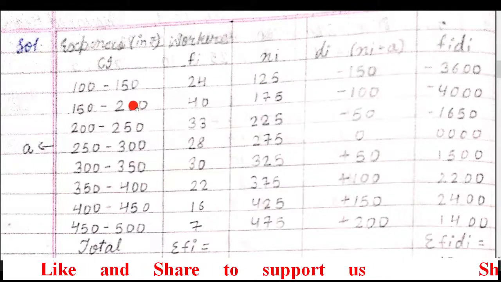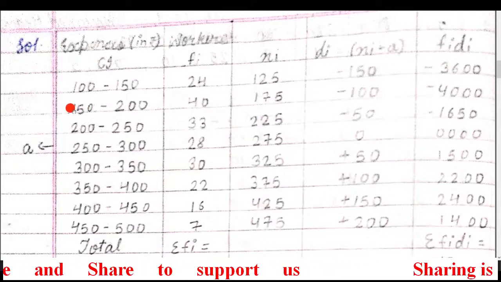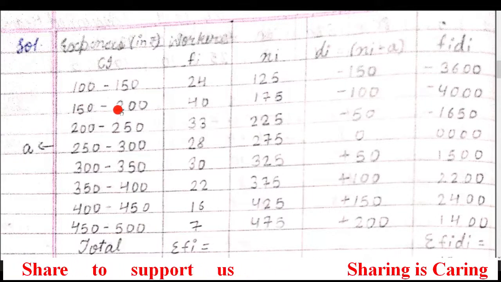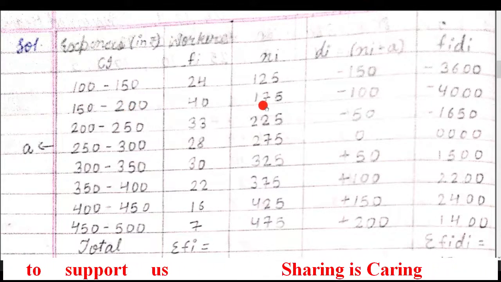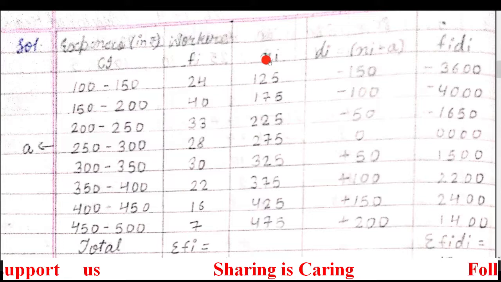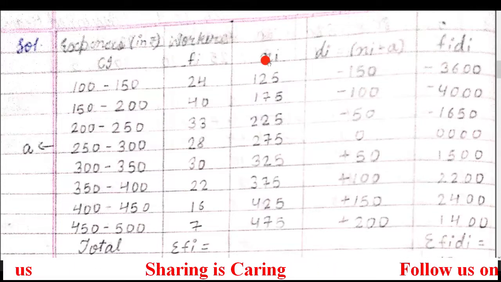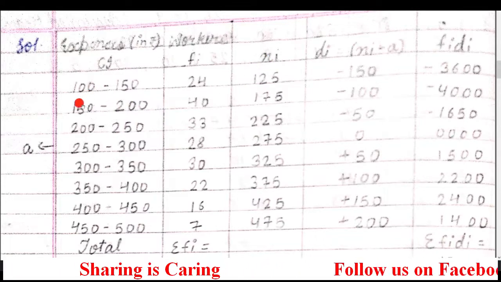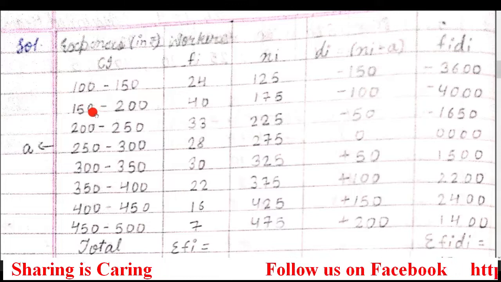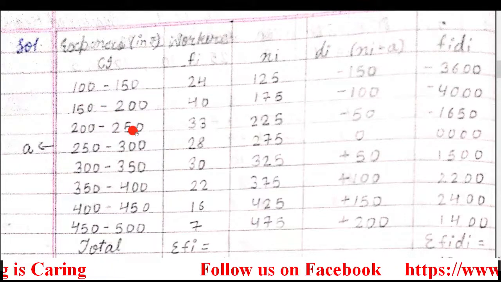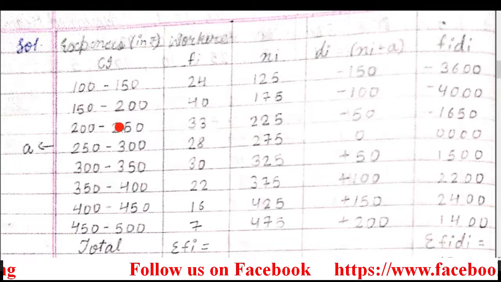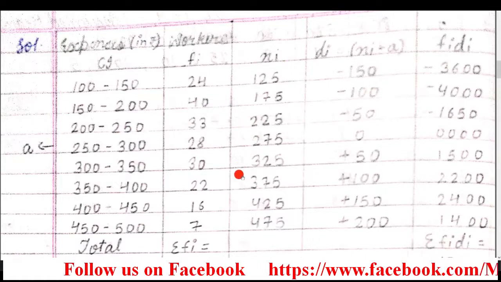In the same way, 200 plus 150 is going to be 350. 350 divided by 2 is 175. So xi is named as class mark. This you have to find from the CI column. Their average you have to find, that is upper limit plus lower limit upon 2. Like this we will get the xi column.